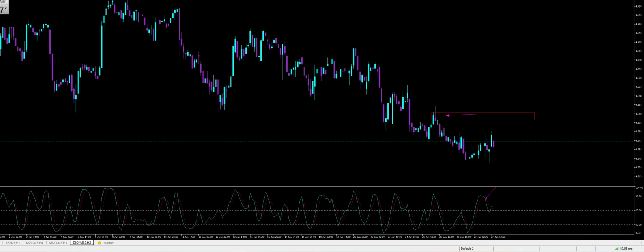But we do have a signal here for this short on the stochastic. And so I'm holding that, and we'll see what happens. If it goes up and I get taken out, that's fine. Then I'll stand aside and I'll wait to see what happens as price comes up into this zone. If we punch through and take out this high, and then we start moving higher, then fine, my bias will switch to the upside.